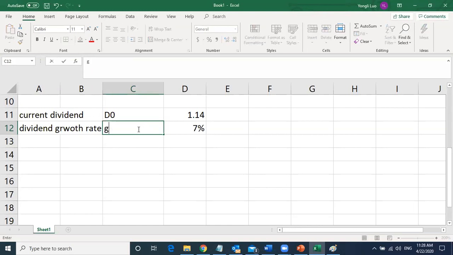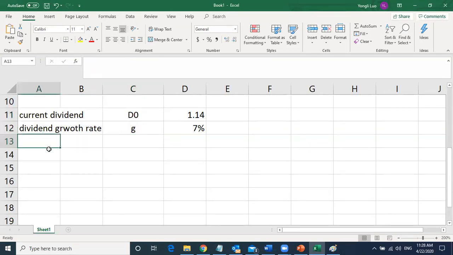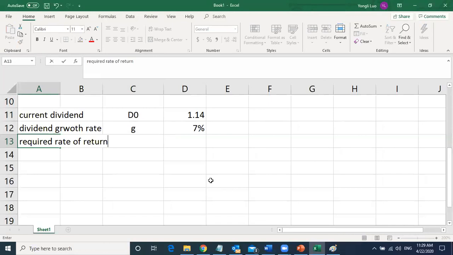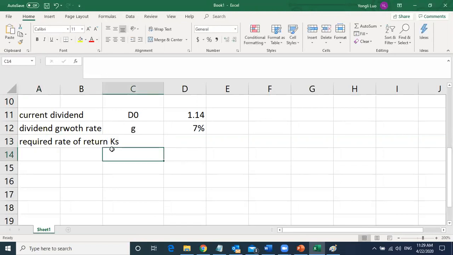And we also know the required rate of return is 11%. We call this KS.